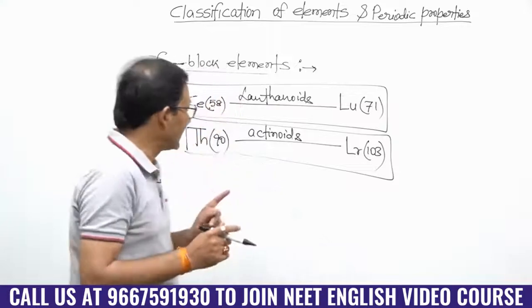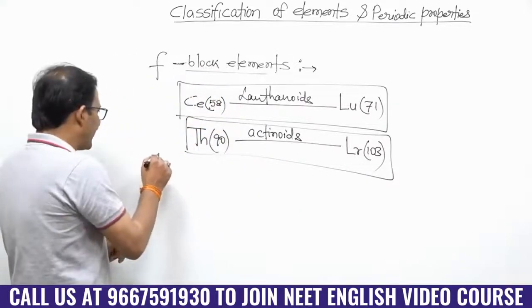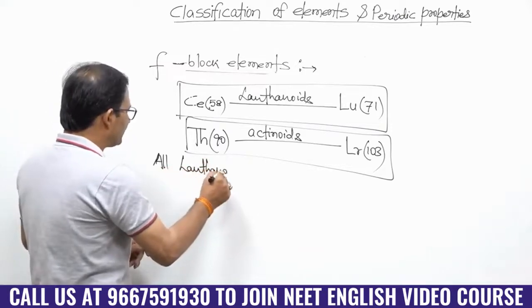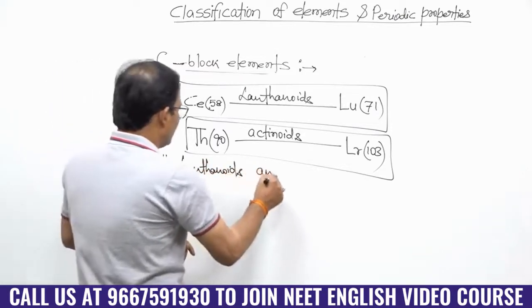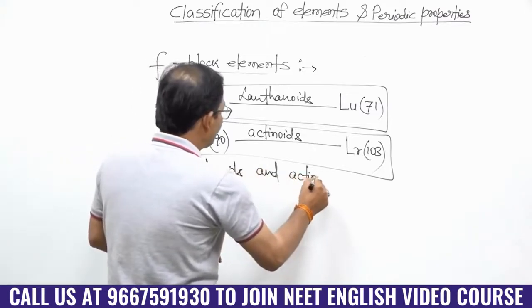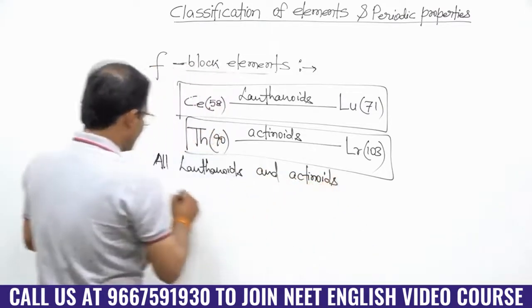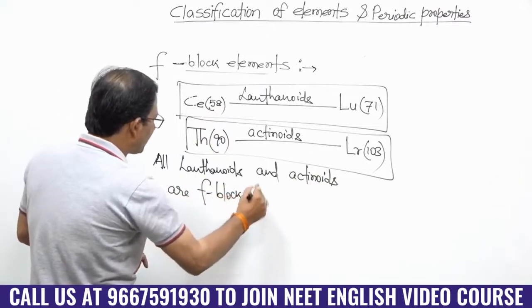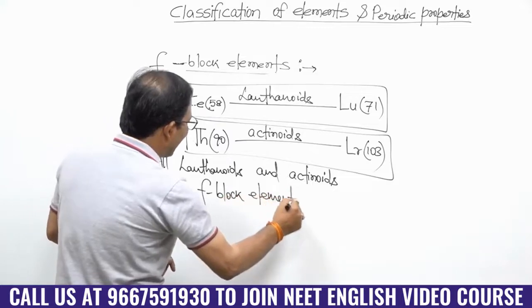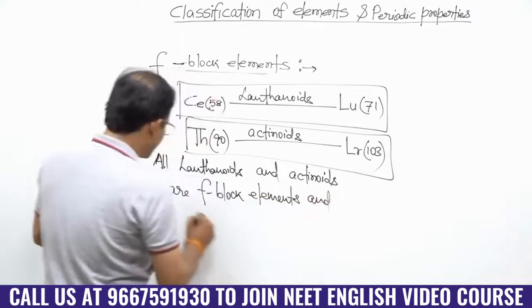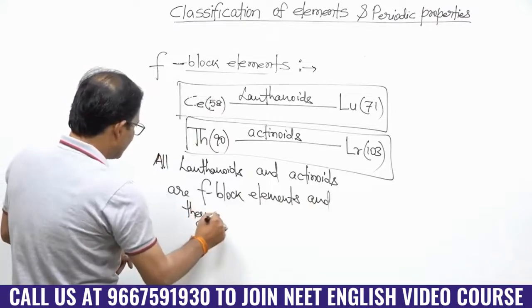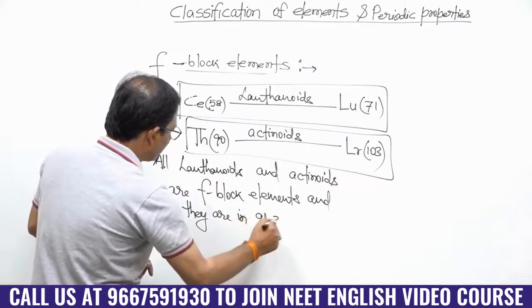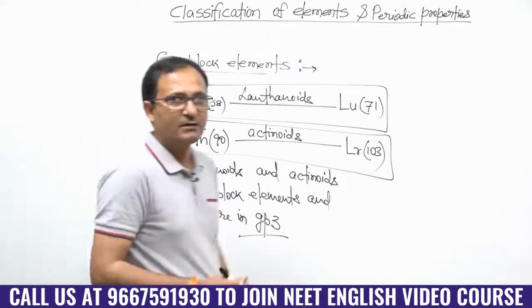Clear? To remember this, all lanthanoids and actinoids are f block elements, and they are in group 3, right?